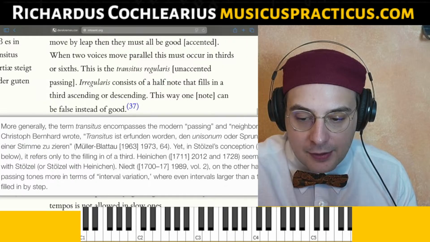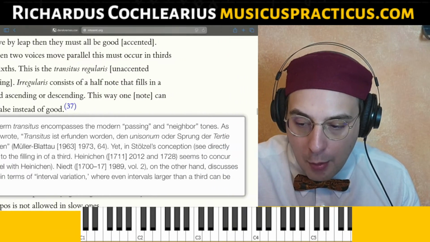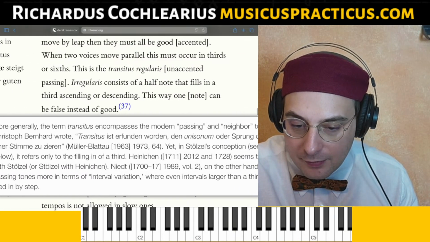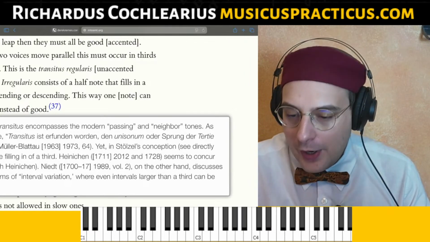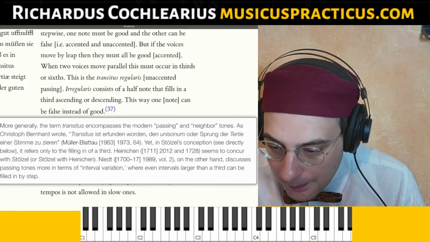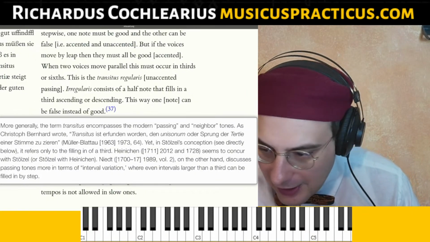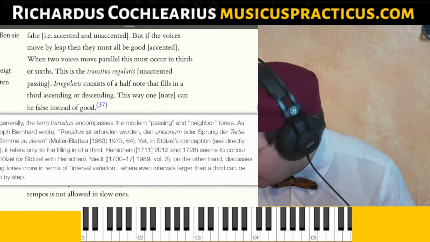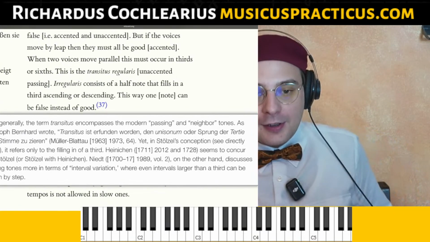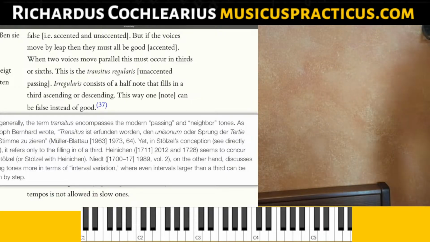As Christoph Bernhard wrote, transitus it's a blah, blah, blah, blah, blah, which means... when you put some notes this, put the English translation, how can we understand transitus ist erfunden worden? Where is Musicus GPT?